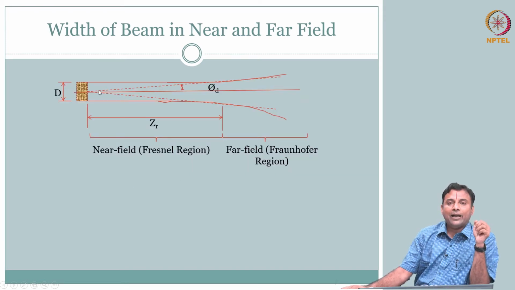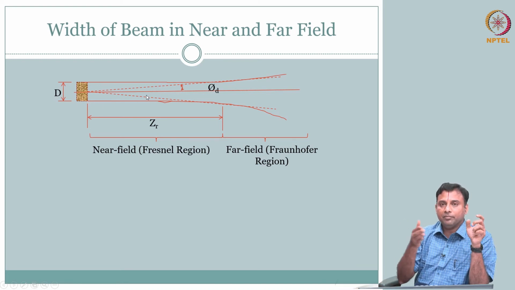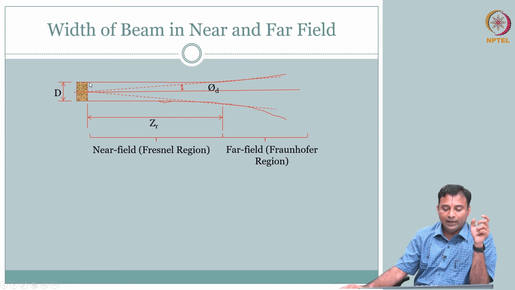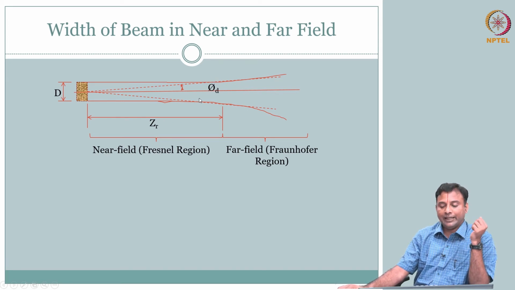So we will get back to the first slide where we had a geometry, and d is the diameter of your crystal. So with shape and size, you have a beam that retains its width the same as d until a certain point. After that it diverges, and we can calculate phi d. Based on this we define a near field region and a far field region.